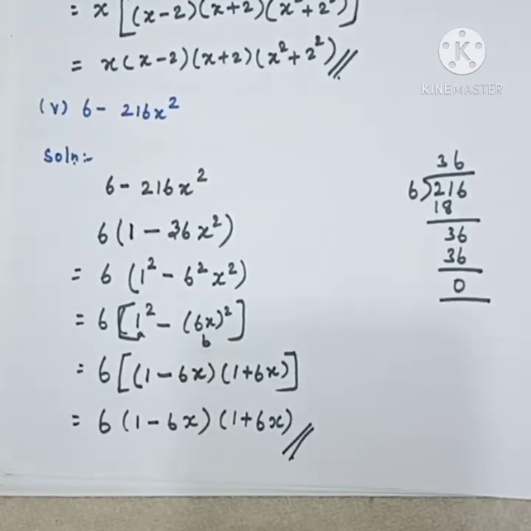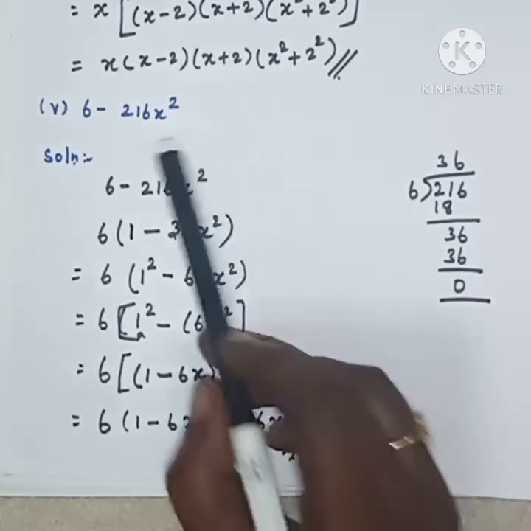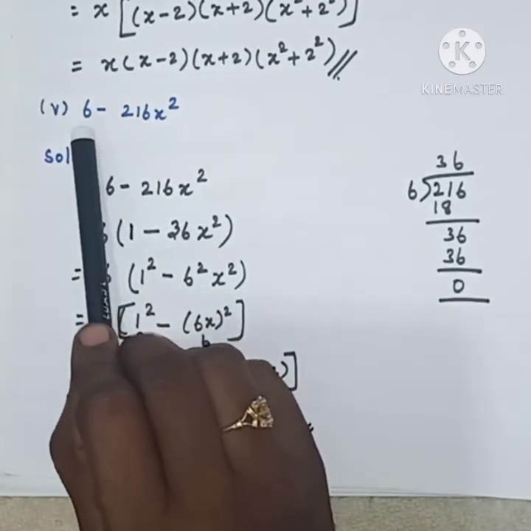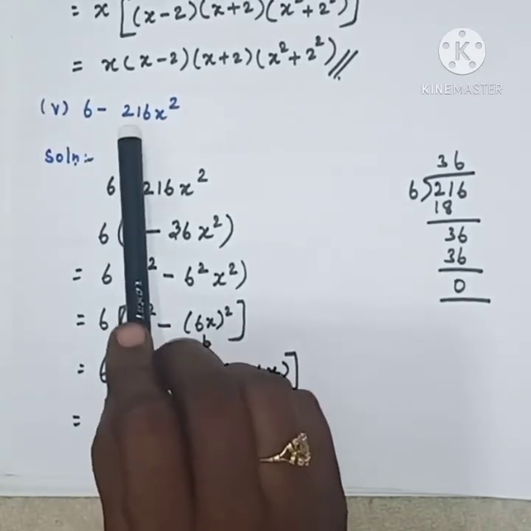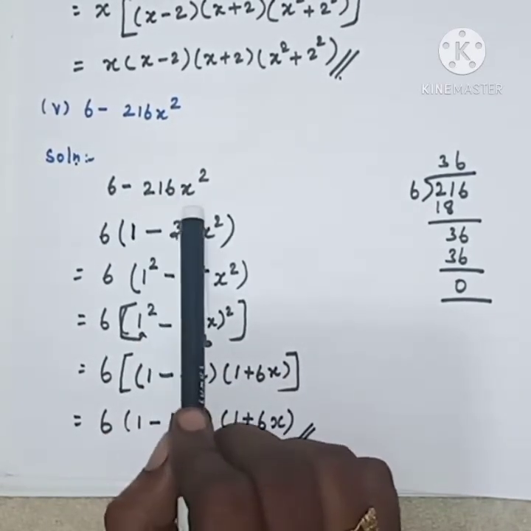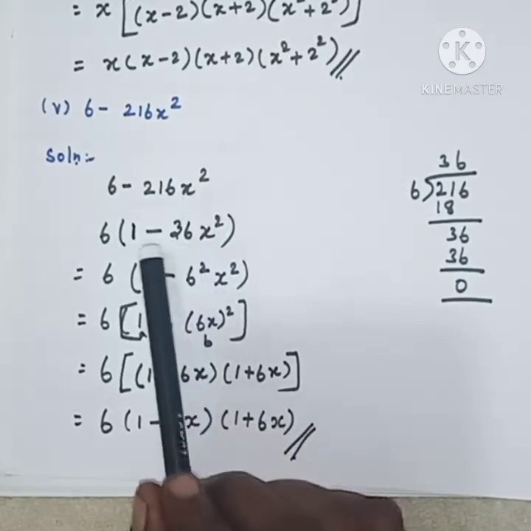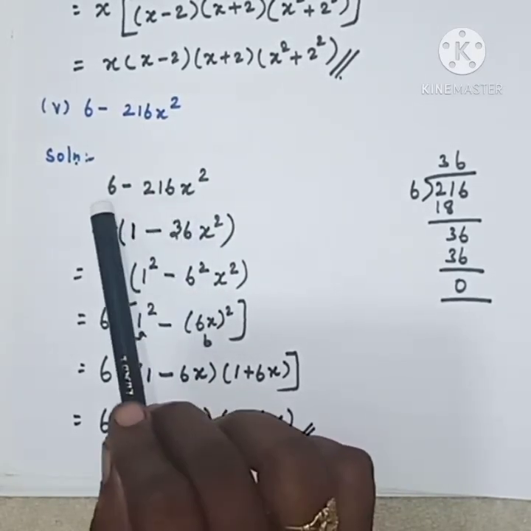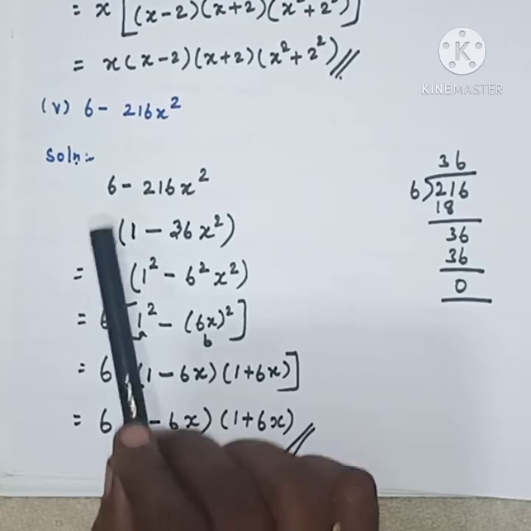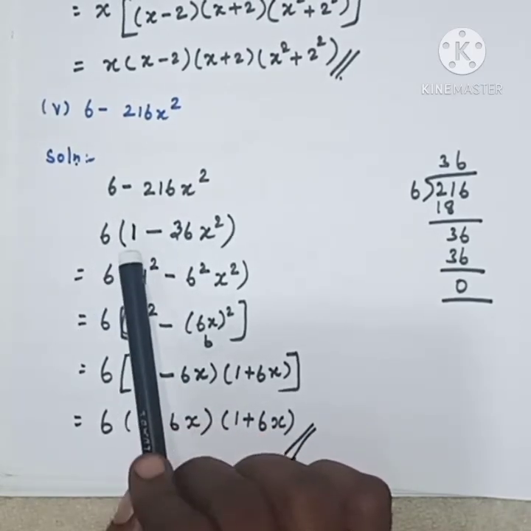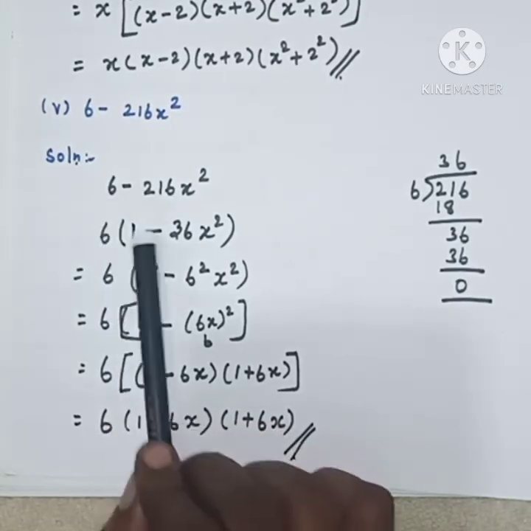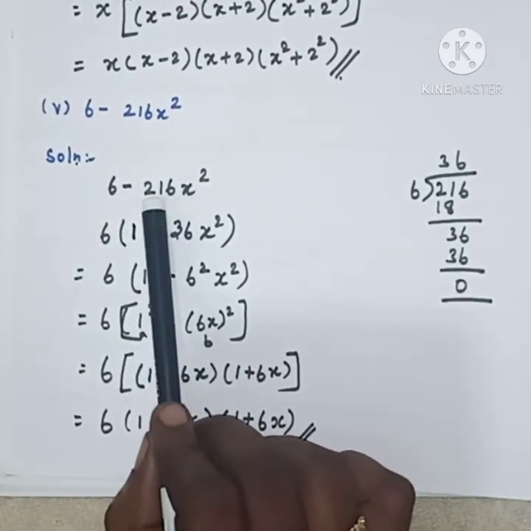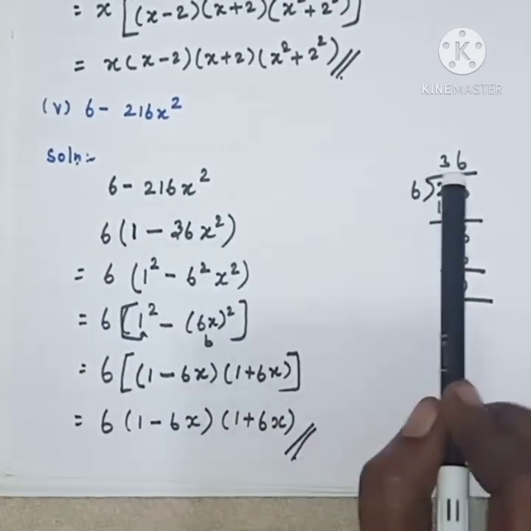So I repeat it once again. Here in the fifth sum we have two terms. The first term is 6, minus the second term is 216 x square. So from these two terms take 6 outside. So the remaining is 1. 6 into 1 is 6, minus, when we divide this 216 by 6, we get 36.